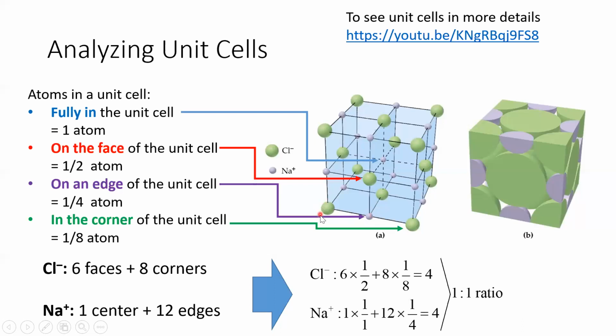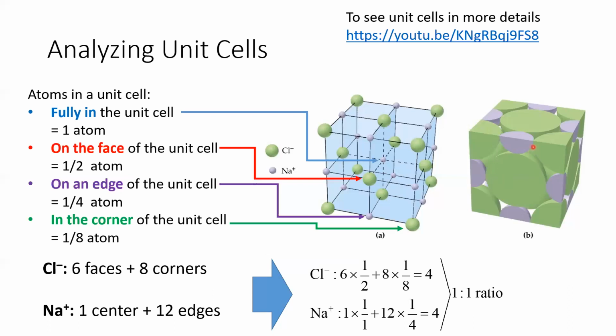If we were to look at the corners, the corners actually get cut in 1/8. So this unit cell only has 1/8 of this chloride ion. The other 7/8 would go with the unit cells that are adjacent to the unit cell of interest. So in this case, way inside here, we have a sodium ion that would be counted as 1.